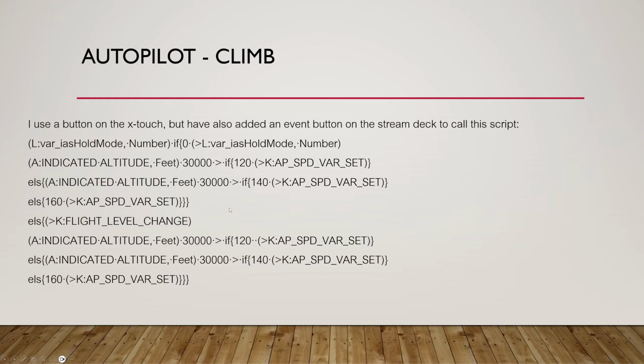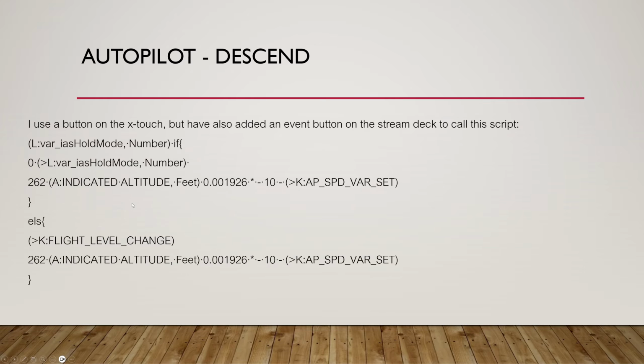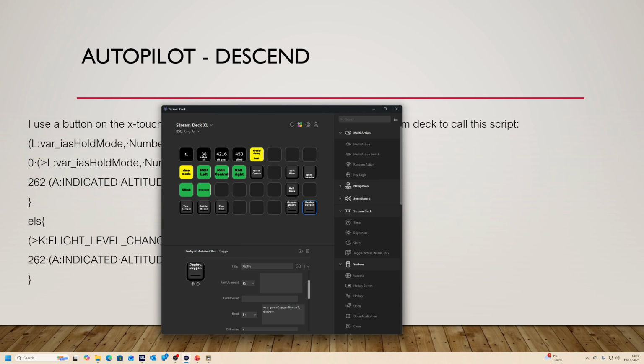The descent is a simpler script. Basically, it chooses an indicated airspeed and instructs it to do a flight level change. It does all the maths here of what speed it should set. And again, I'll demonstrate how that works. So these are buttons on the X Touch.